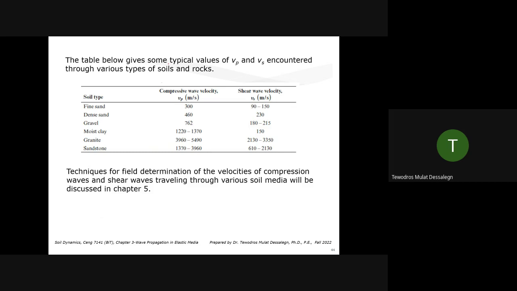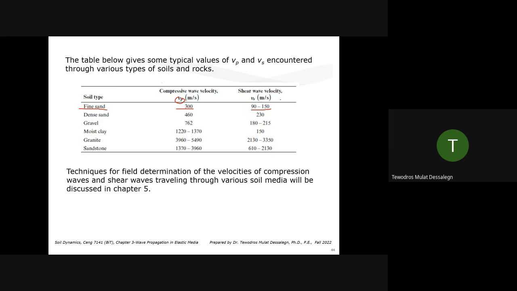The table below gives some typical values of VP and VS encountered through various types of soil and rock. These are just sample examples. For example, a fine sand layer can have a primary wave velocity around 300 meters per second, and a shear wave from 90 to 150.